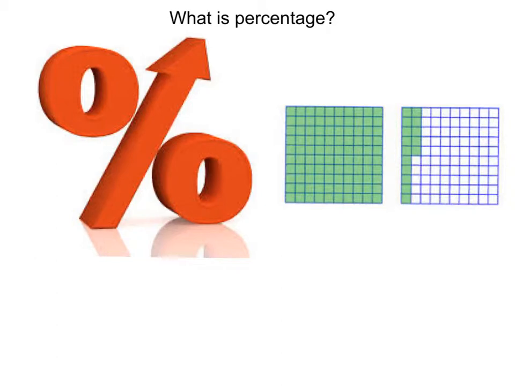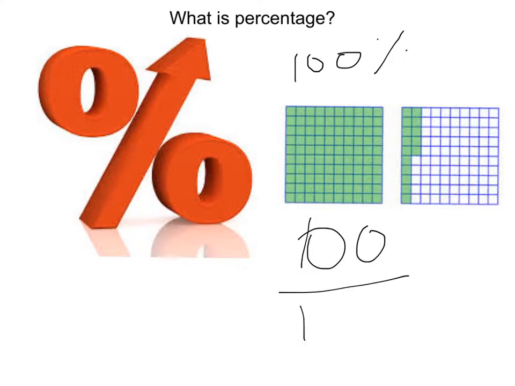Let's look at an example. This is 100%, which could be written as a fraction 100 over 100, which could be written as 1. Let's look at this one.